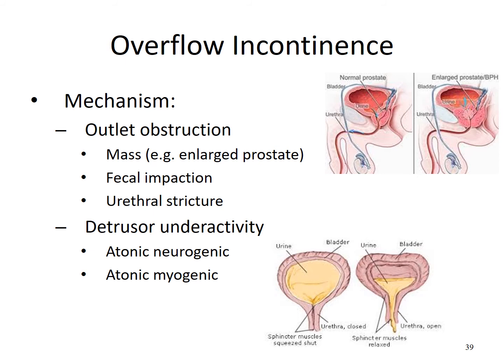As I mentioned, the most common cause is outlet obstruction with an enlarged prostate. That's almost all cases, but a few other examples are listed here. It's quite rare to have detrusor underactivity, where the bladder just will not contract. This can happen after a spinal cord injury, after a stroke, or in some individuals after having urinary retention for such a long time, such as a large prostate that they didn't have assessed medically and have surgery for.